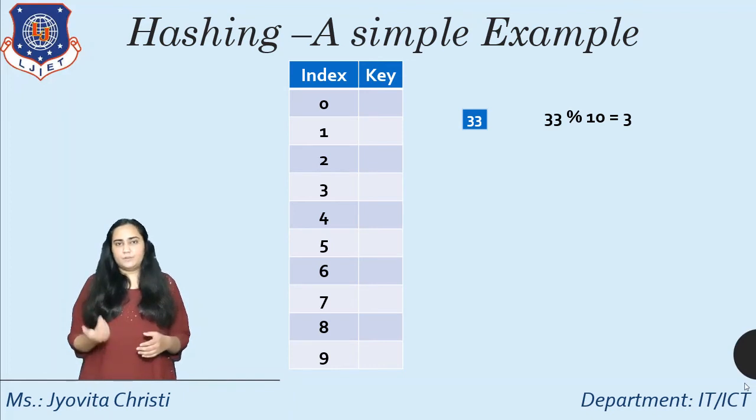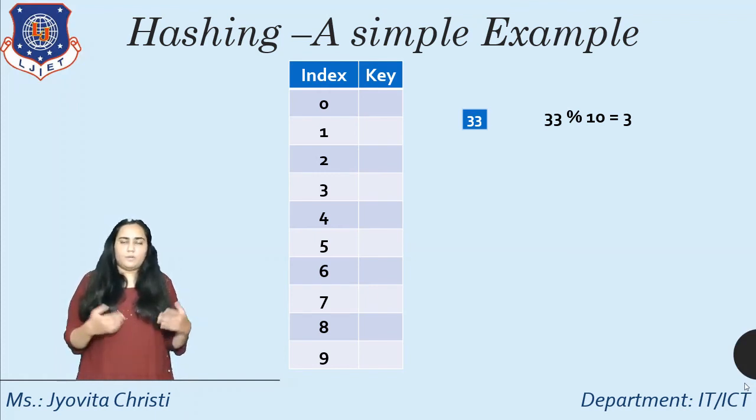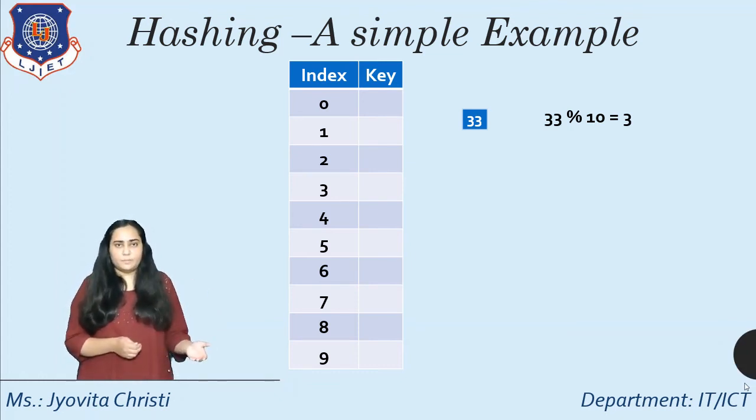The advantage of using this is that the size of my table is 10. So if I use modulo 10 as a hash function, then I know that I'll be getting values only from 0 to 9. So it limits the number of values that I can get as an index, and that's why it forms a very good hash function. In practice, we use a better value of modulo. We don't use 10.